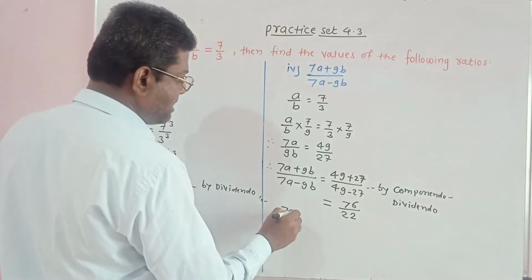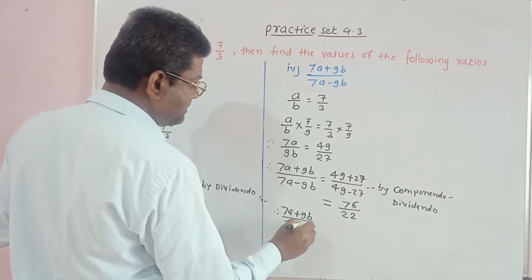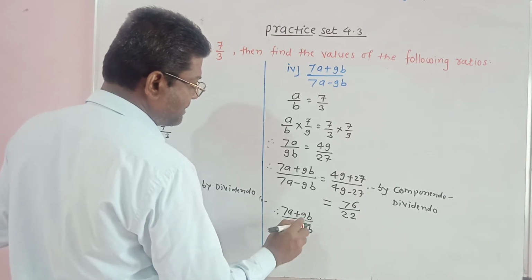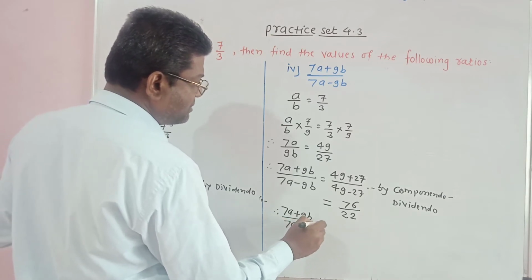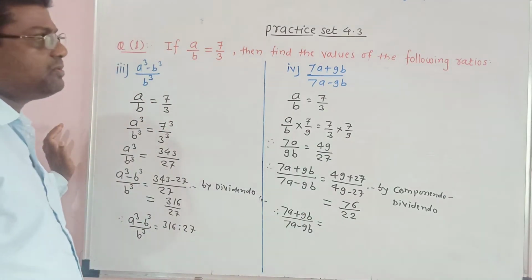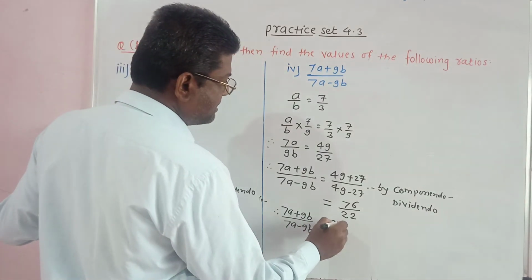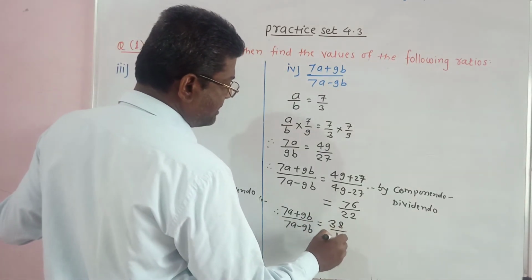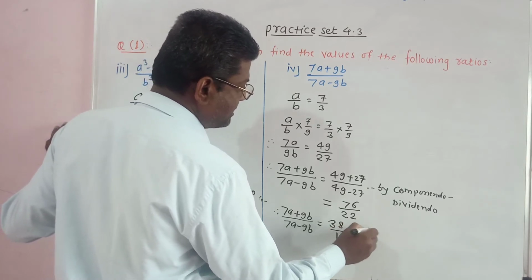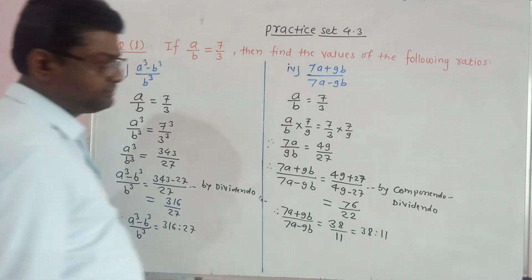Therefore 7a plus 9b upon 7a minus 9b is equal to, divide 76 and 22 by 2, then we will get 38 upon 11. So it will be 38 is to 11.